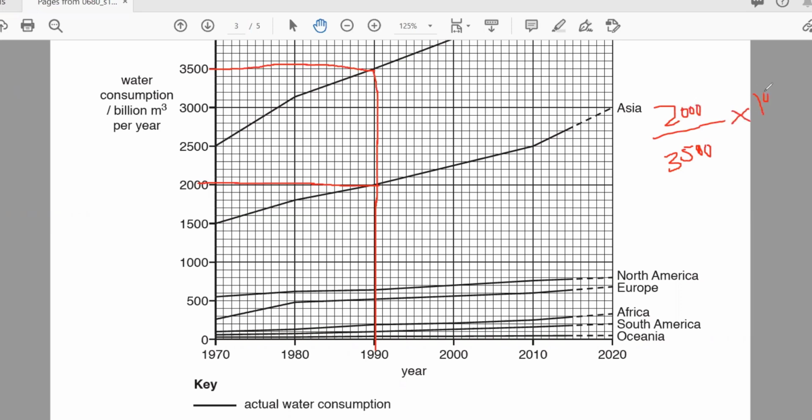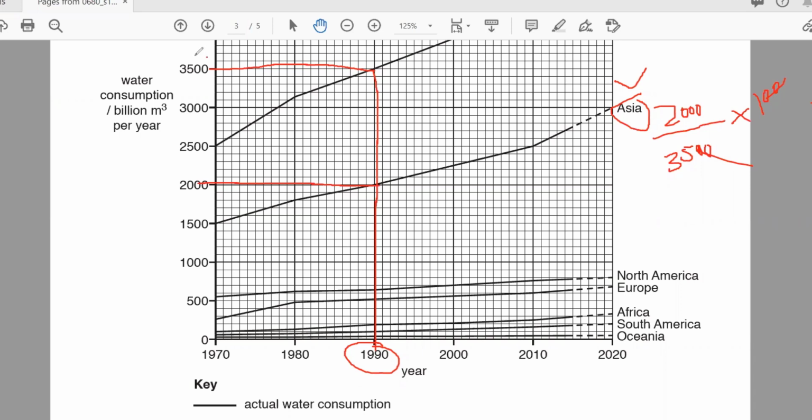You did it the same way. Yes, so how much will it be? Other people are getting it, because they need the total. 57.1. Yes. So they want to know that in 1990, if you compare the consumption of water in Asia and the consumption of water in the whole world, what percent is Asia using of the world's water?